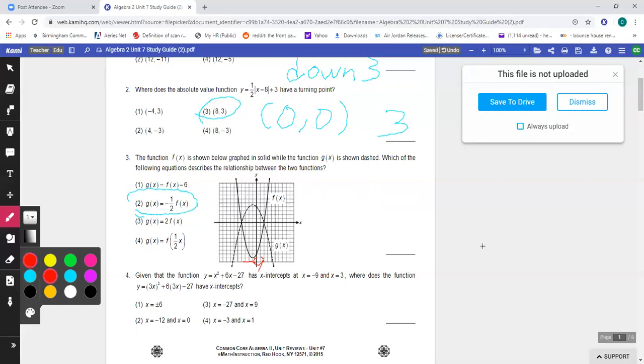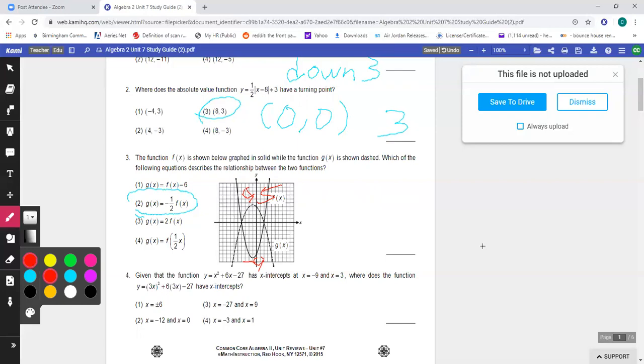And then if I see for g, my y value is 4.5. So it gets cut in half, right? So that is compression by a factor of 2.